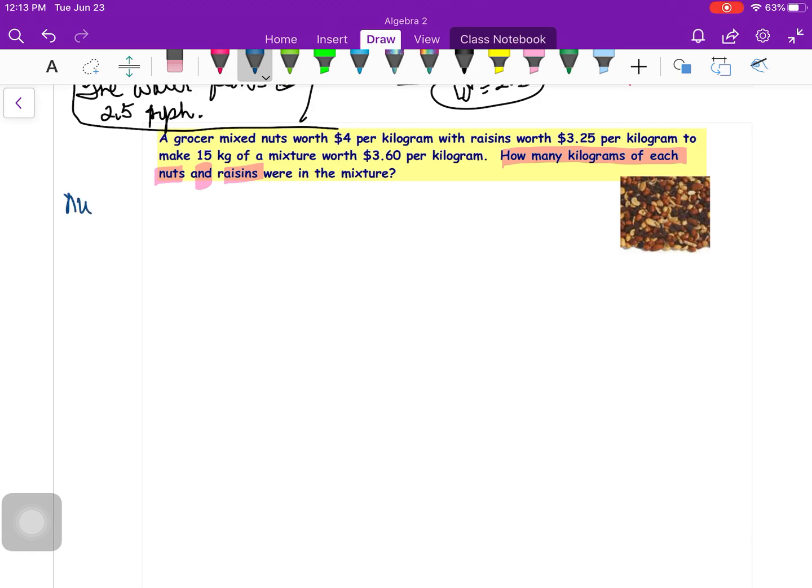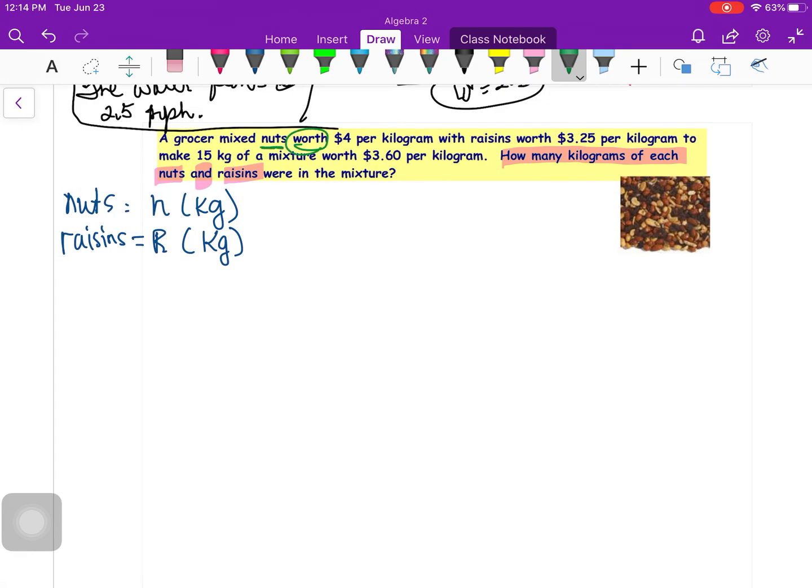So I have nuts and raisins. So I'm going to call N the kilograms of nuts and R the kilograms of raisins.